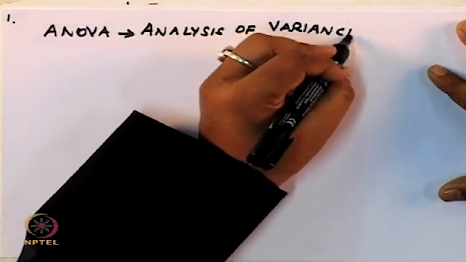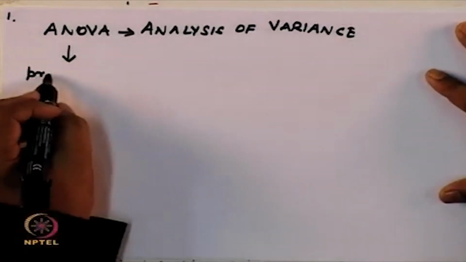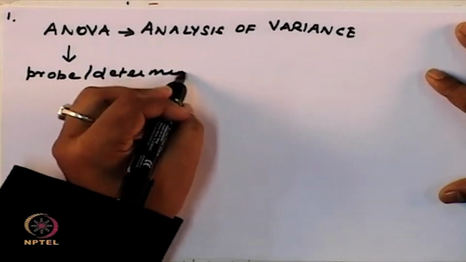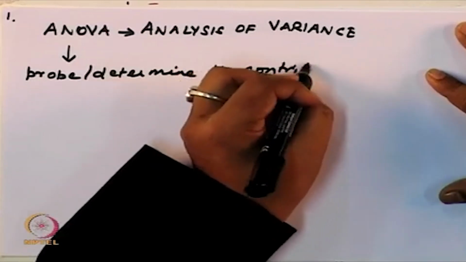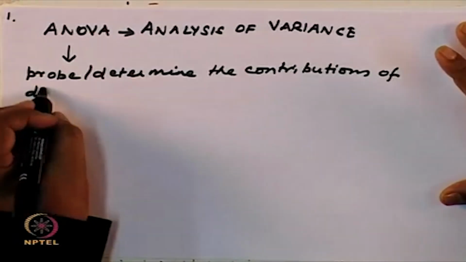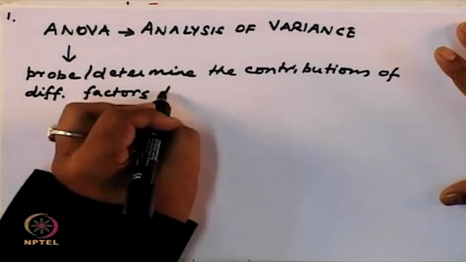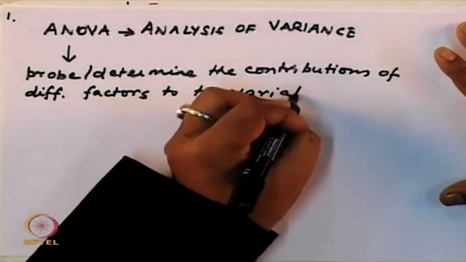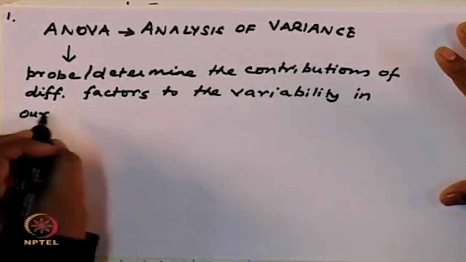ANOVA allows us to probe or determine the contributions of different factors to the variability in our measurements.